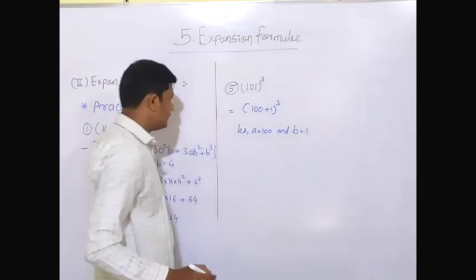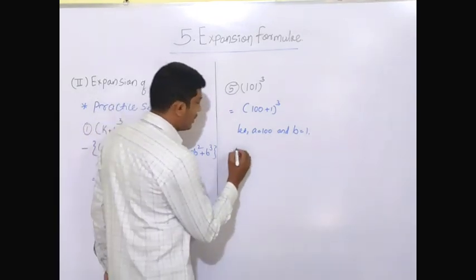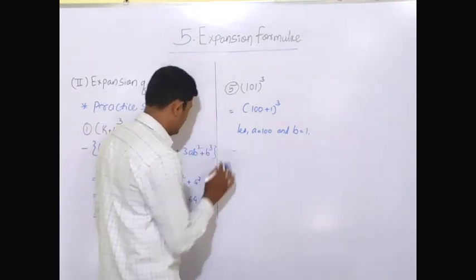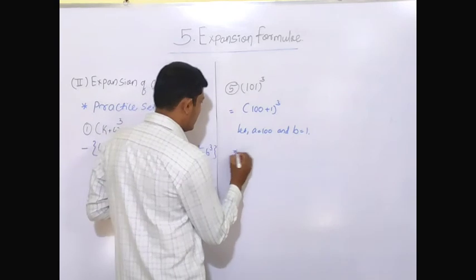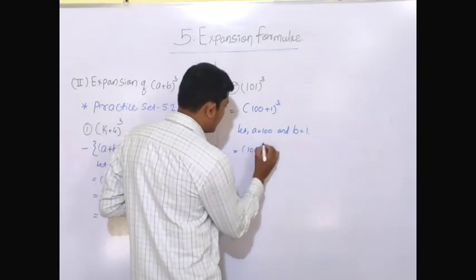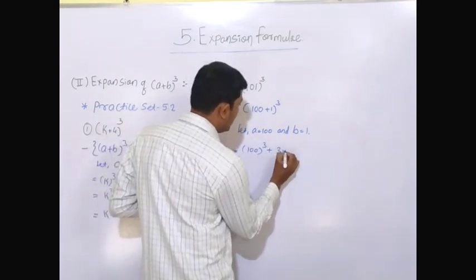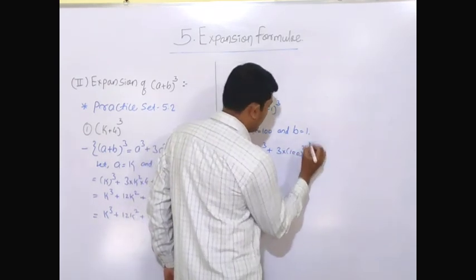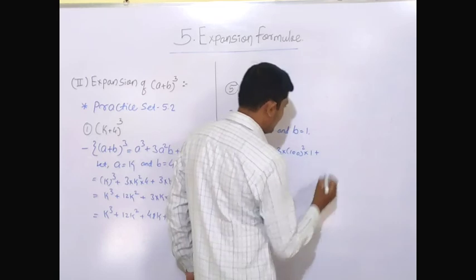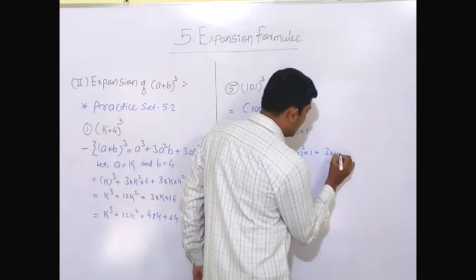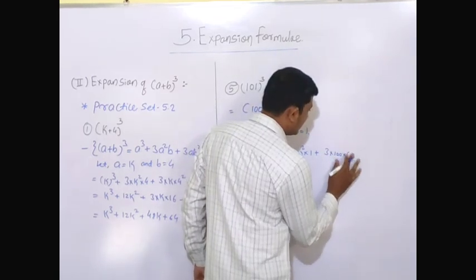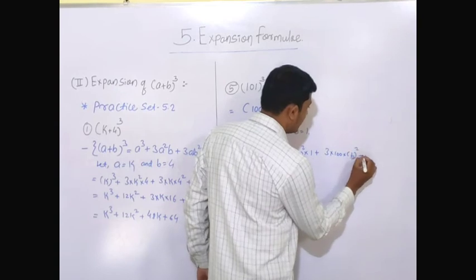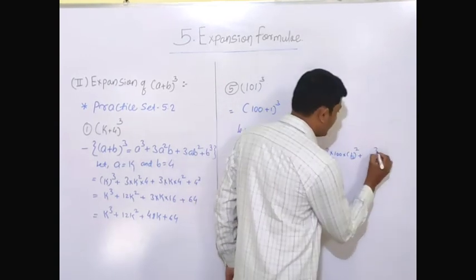Now (a + b) whole cube is a cube plus 3a square b plus 3ab square plus b cube. So 100 cube plus 3 into 100 square into 1 plus 3 into 100 into 1 square plus 1 cube.